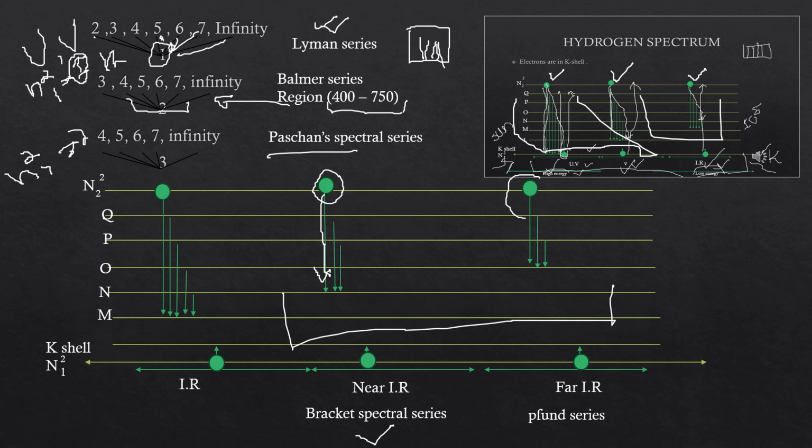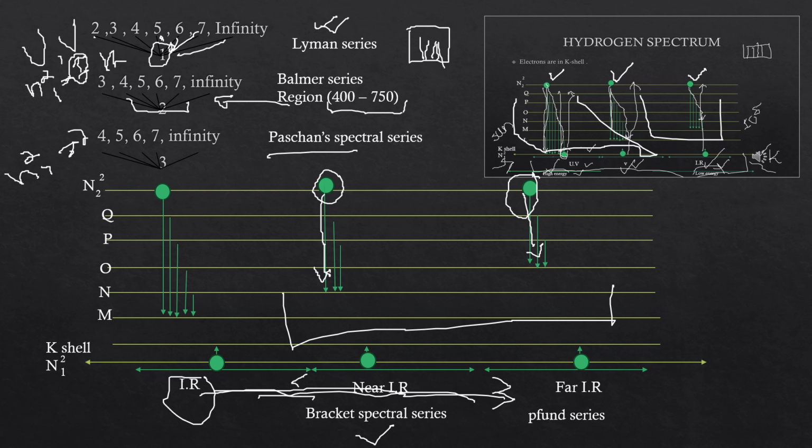But where the infrared is farther, or radio frequency, it falls only on the O shell because it has less energy. The things that are farther have less energy, but the things that are nearer have more energy.